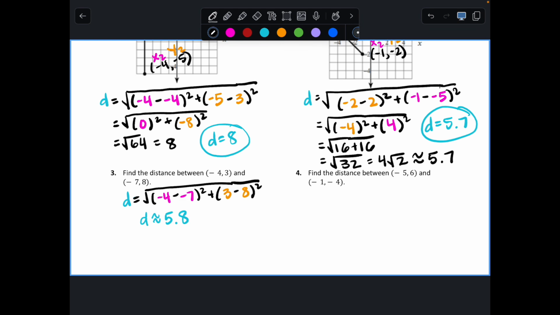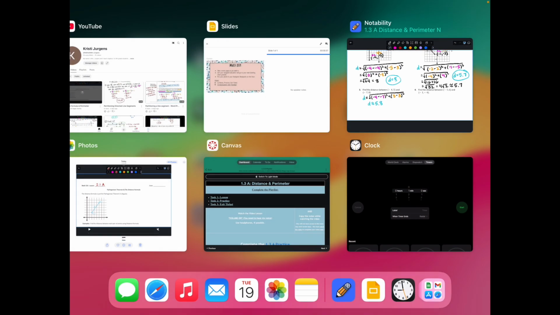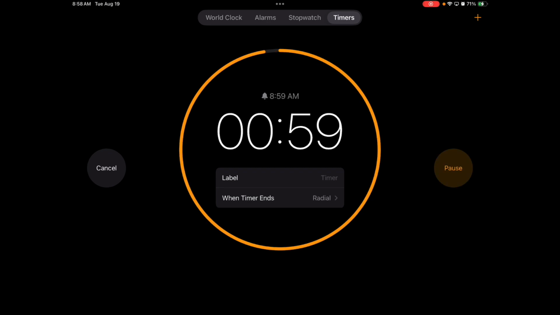All right, 1 minute to do number 4. Second, and then x squared.